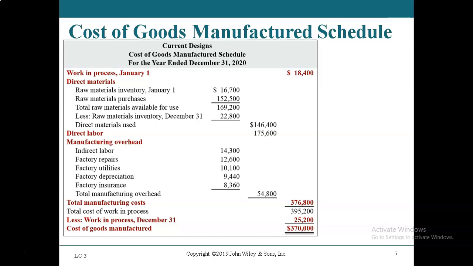How much stuff was still left over at the end? $25,200. So what is the cost of the goods that we've manufactured? How much did it cost us to manufacture our goods? $370,000. So those are the main things that you need to know for Chapter 14.